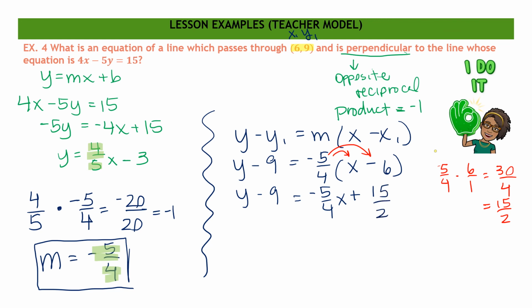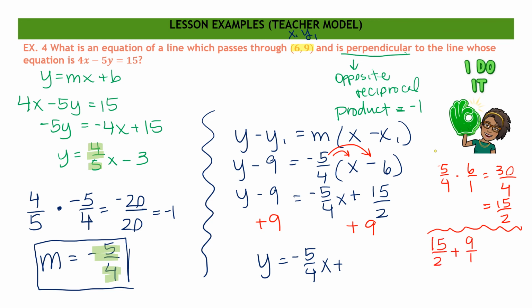Now remember, we're trying to solve for y, so I'm going to add 9 to both sides. So I have y equals -5/4 x plus, and let's do this on the side as well, 15/2 plus 9, and that's really 9/1. The denominators are not the same, so I can't add these as they are.